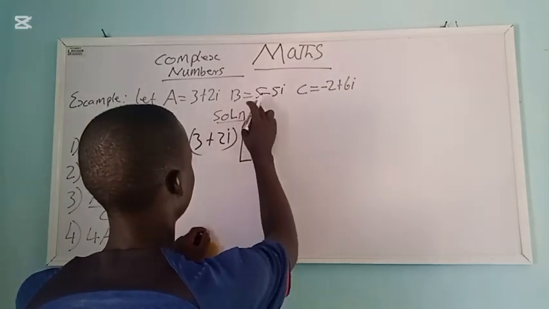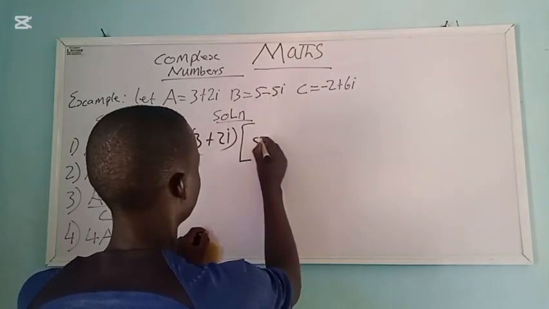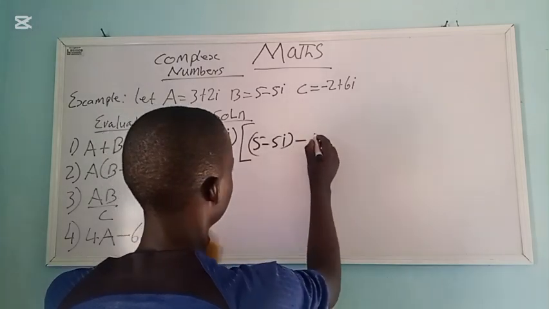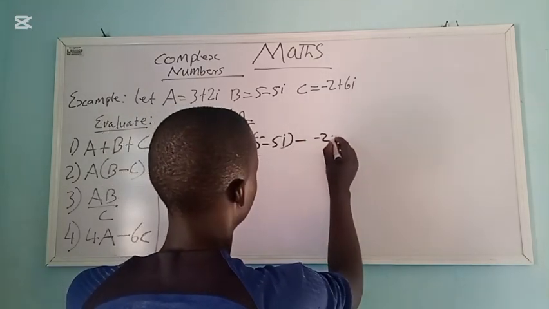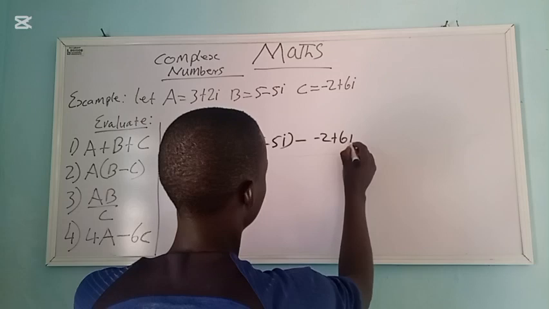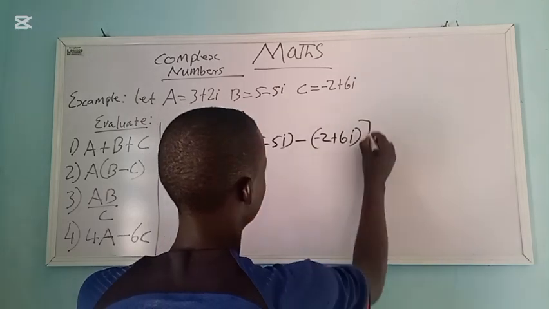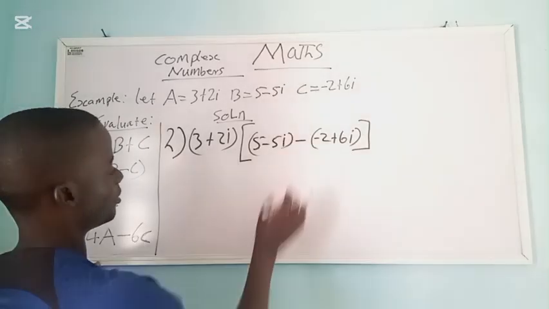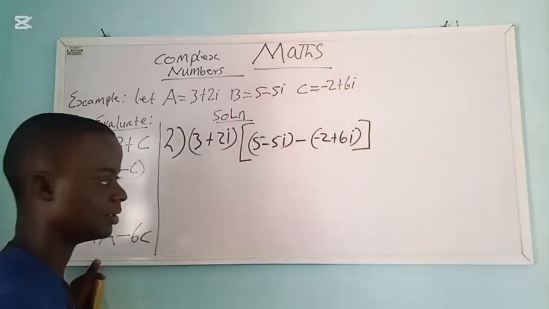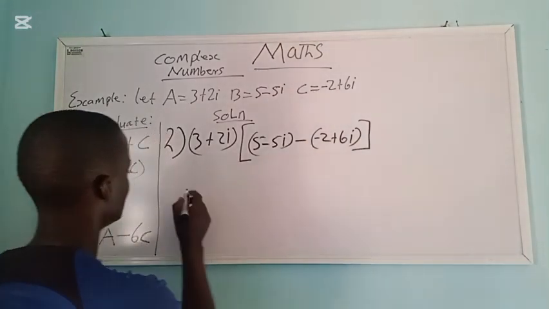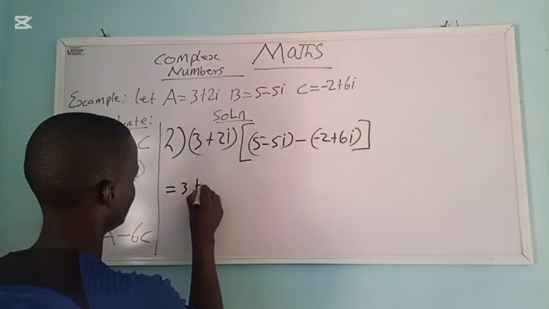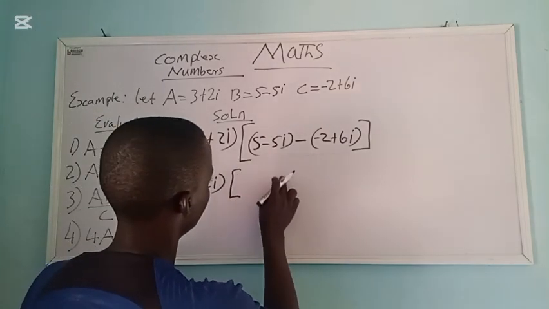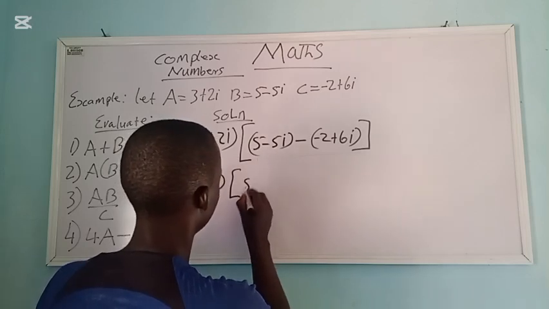So we have B minus C, so we have 5 minus i, bracket, minus 2 plus 6i, all in bracket. So now let's deal with this one first before joining with this one.